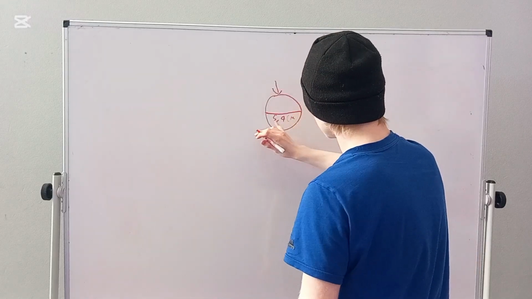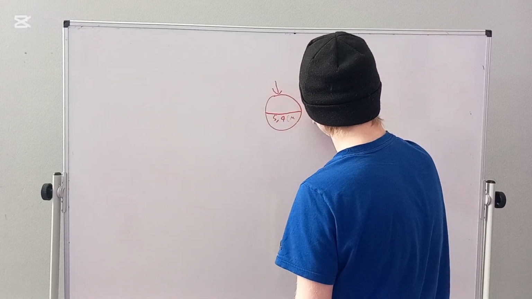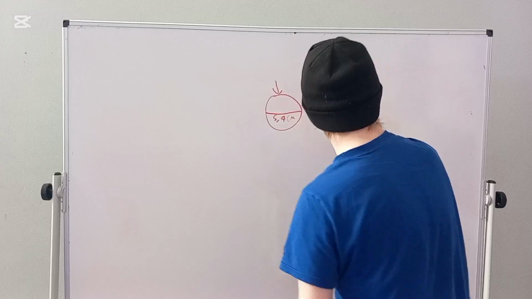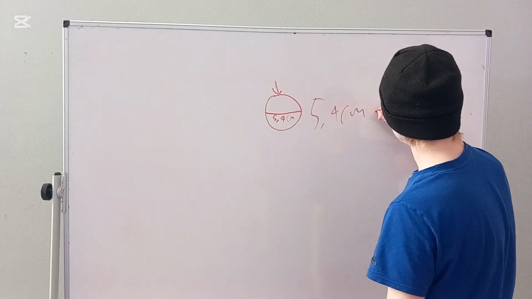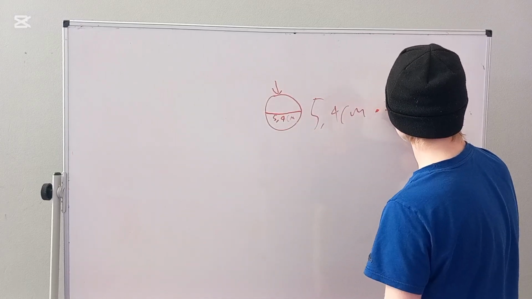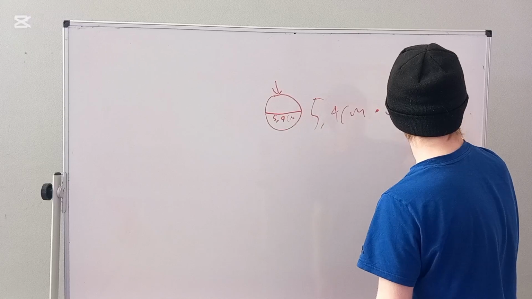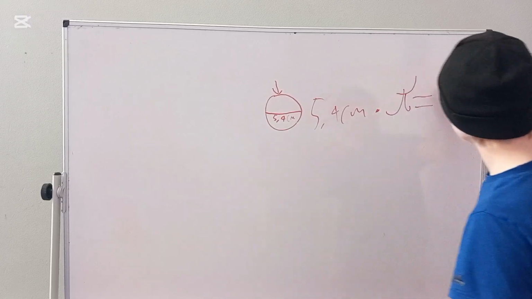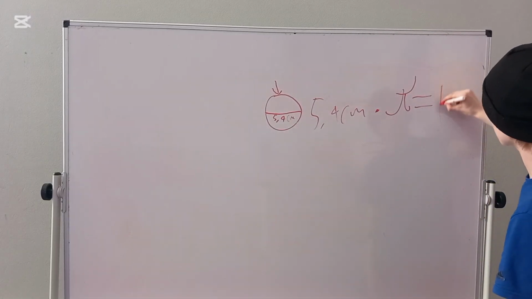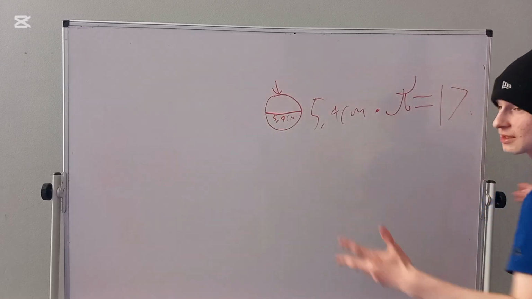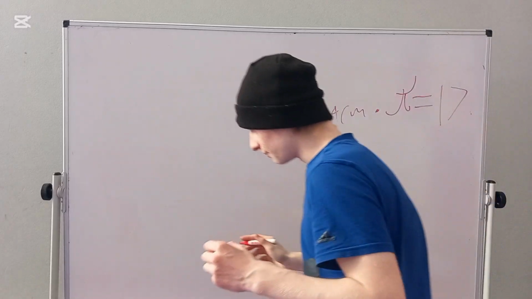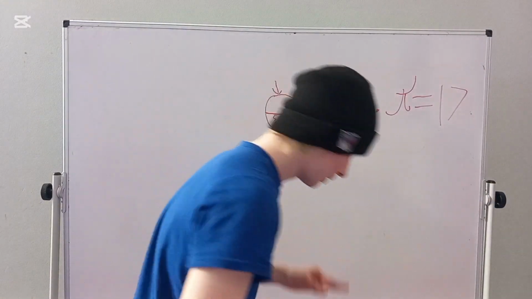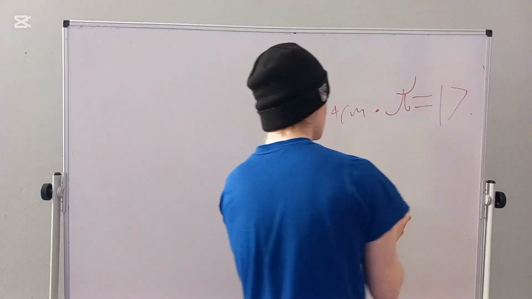If we multiply that by pi, it's supposed to give us the 17 and something. So, do you now understand how it works?